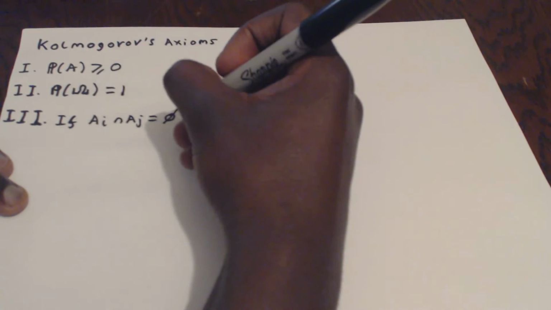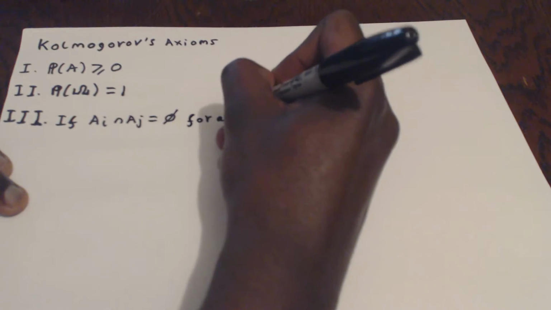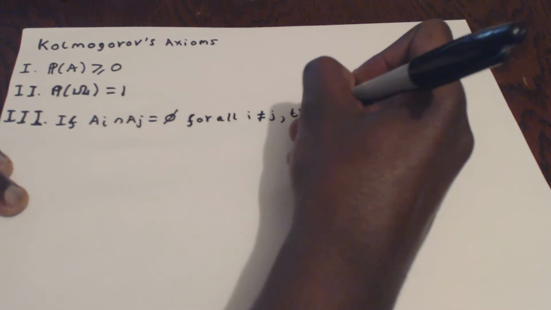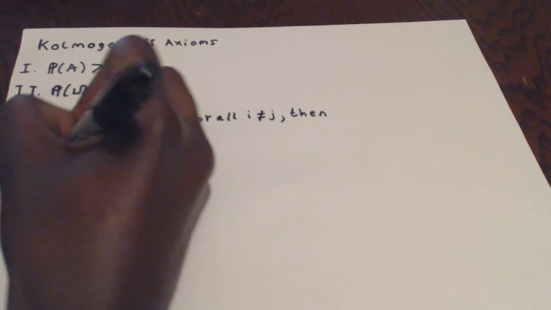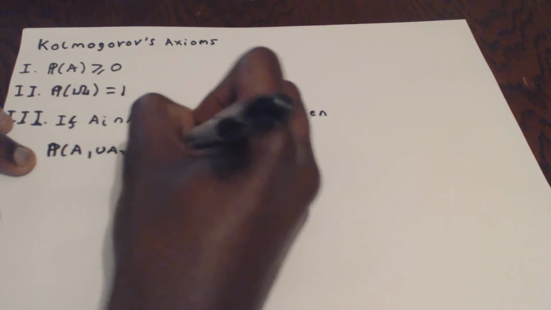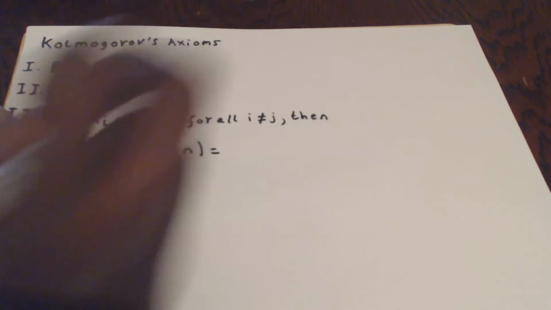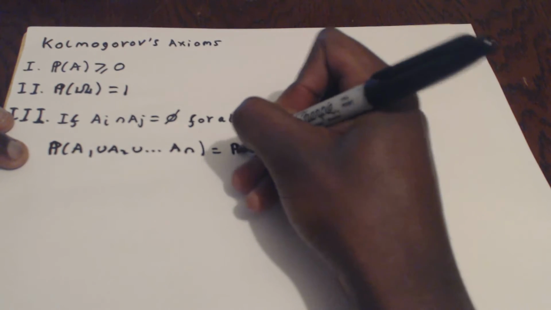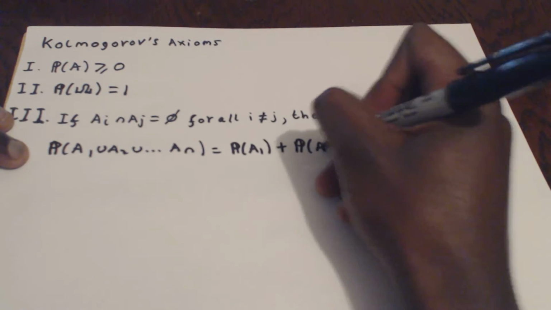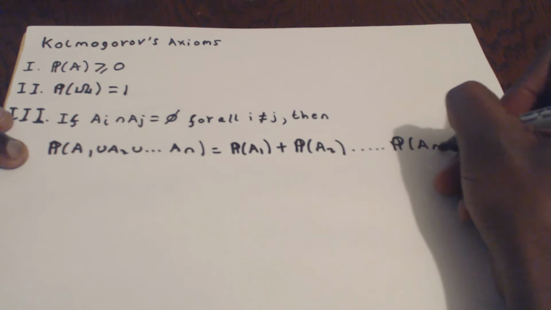So if A_i intersection A_j is equal to the empty set for all i not equal to j, then we can say that the probability of A_1 union A_2 union all the way to some finite number n is simply equal to the probability of A_1 plus the probability of A_2, all the way to the probability of A_n.